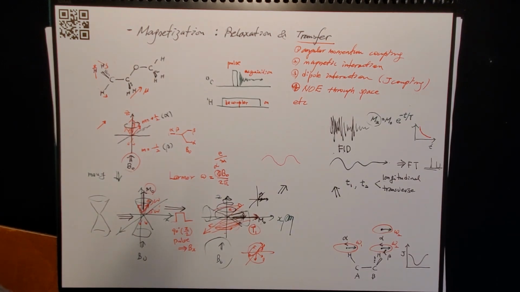Then, as you know, in hydrogen NMR, those peaks have some number of lines if you have neighbors. And that happens in the mechanism shown here.